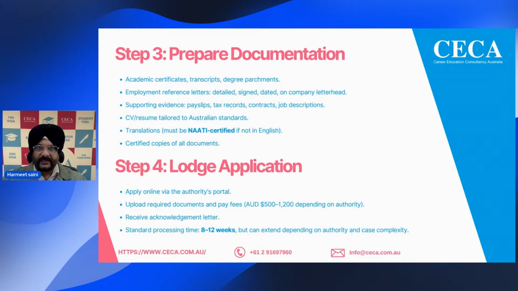Employment reference letters must be detailed, signed, dated, and on the company letterhead. For employment documentation, provide pay slips, tax documents, employment contracts, and job descriptions from the employer, the reference letter, and your CV, of course.